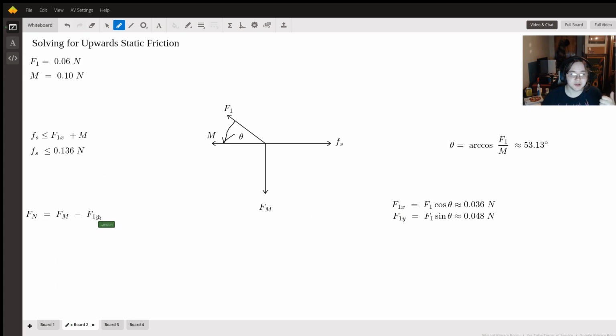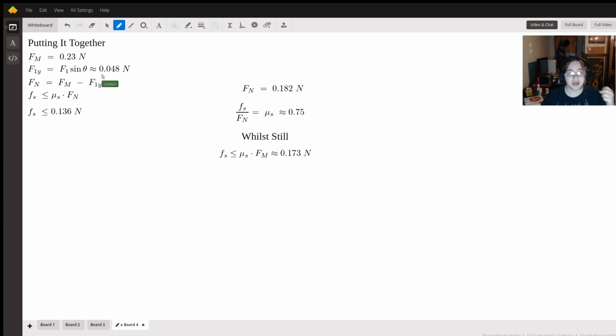We're going to use this information we got from this problem to find our coefficient of static friction to help us figure out the final bits of the problem. With that, we're able to figure out our normal force for that first problem to be about 0.182 newtons.